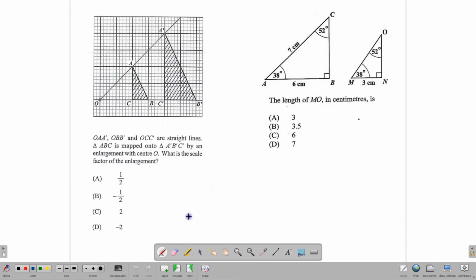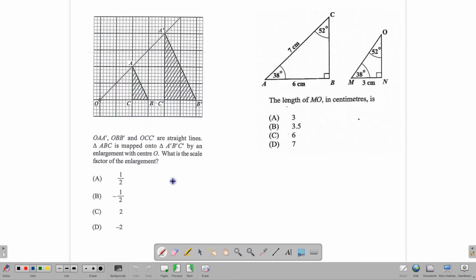Now, 2 more, and then we wrap it up. So on your multiple choice paper, you can expect questions like these. We have a question here that says, these triangles, ABC is mapped onto A prime B prime C prime by an enlargement center O. What is the scale factor of the enlargement? Now, you can simply look at the image and the object. I said look at the similar sides.